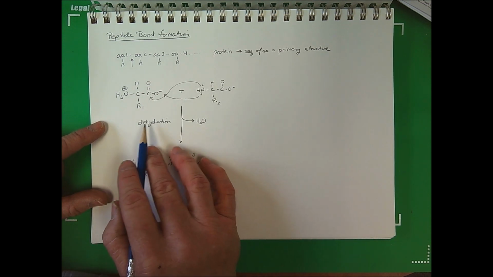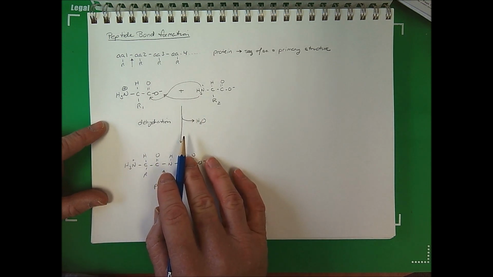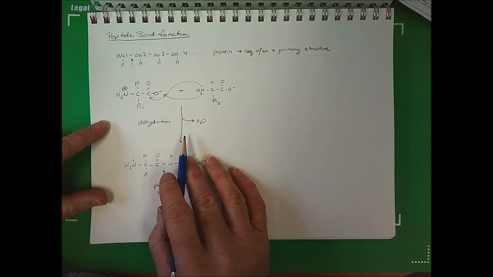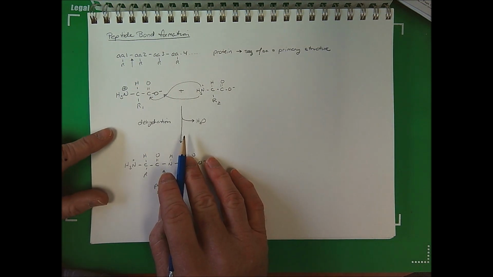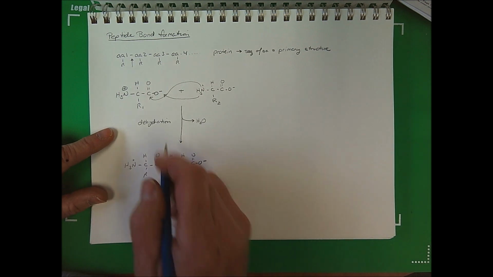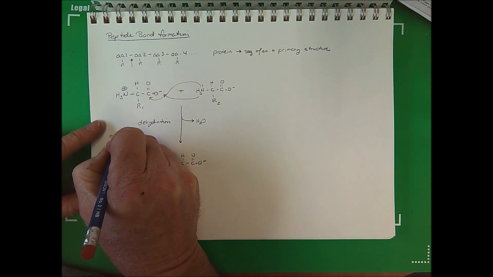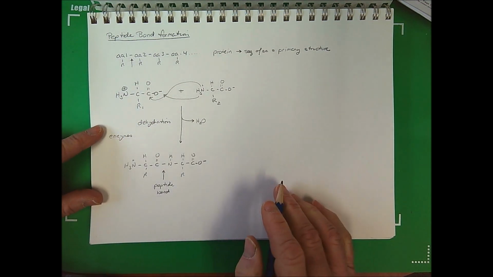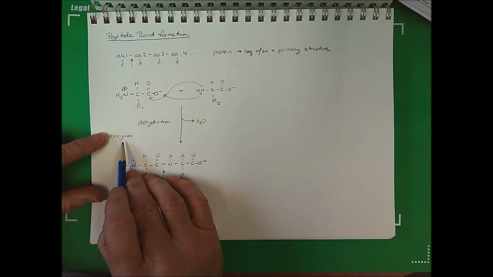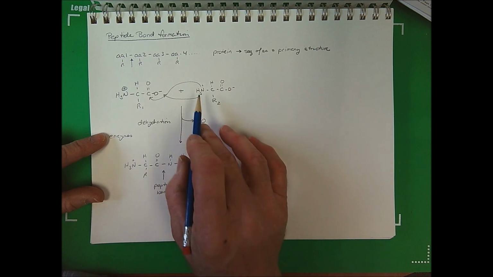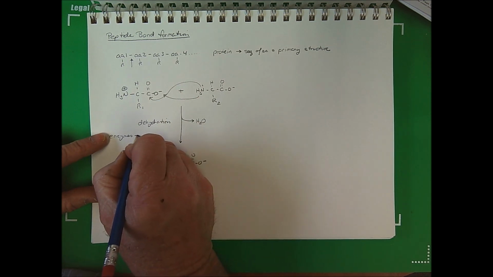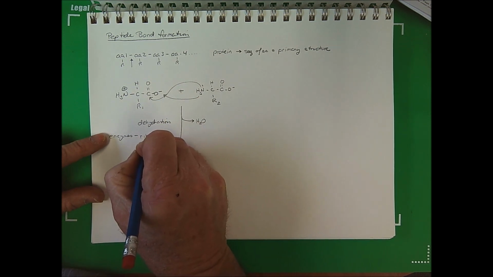Another thing to note about this dehydration reaction is that this is not typically a favorable reaction. And so therefore we need enzymes to overcome the free energy of activation of this reaction, and these enzymes are housed, of course, in ribosomes.